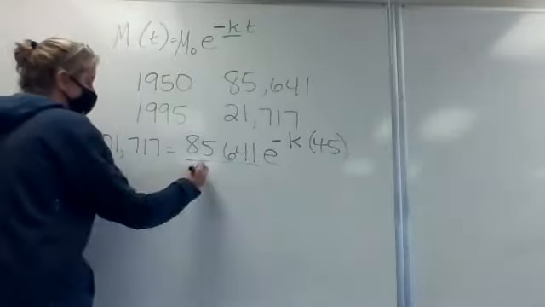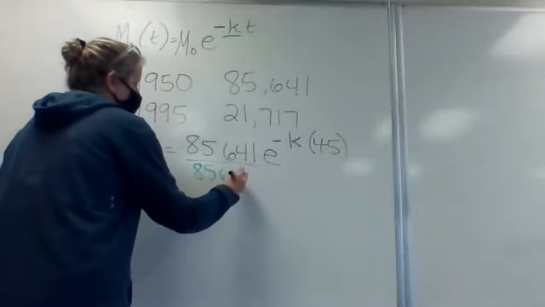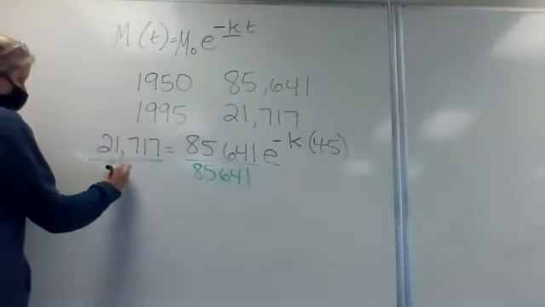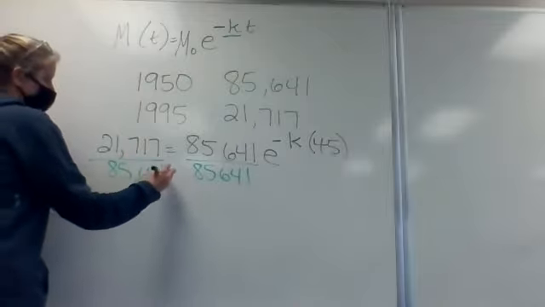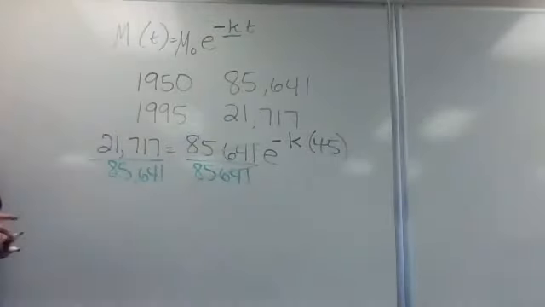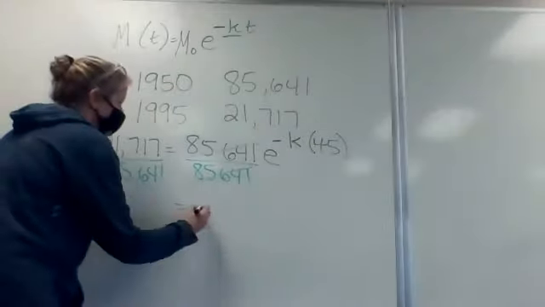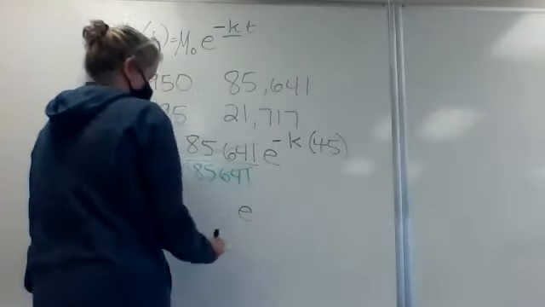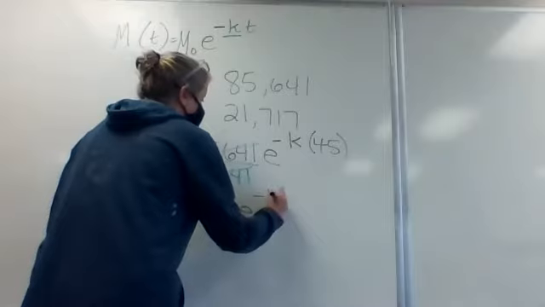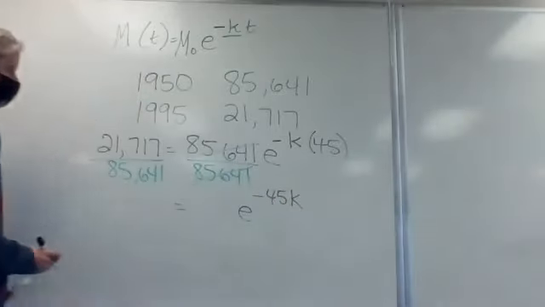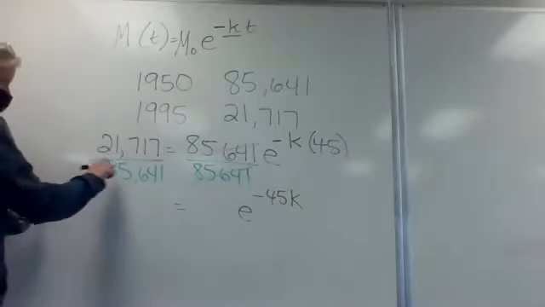So divide by 85,641. So now I have e to the negative 45K equals this.